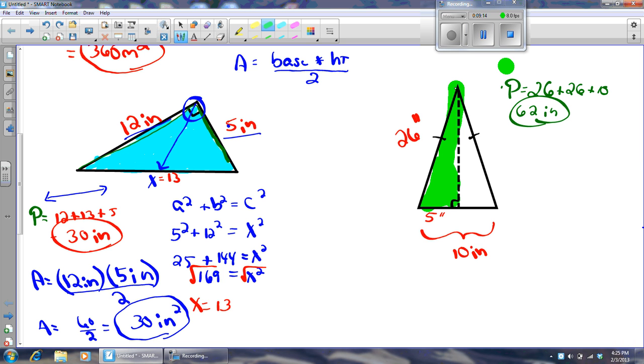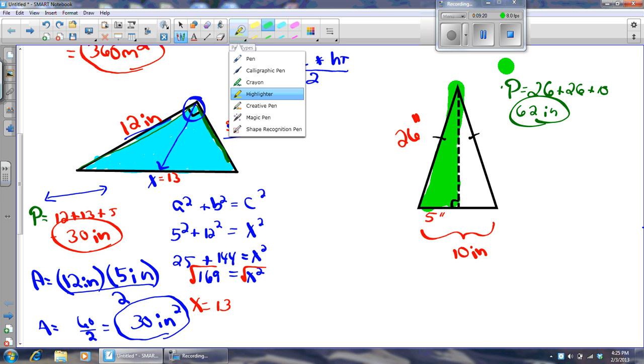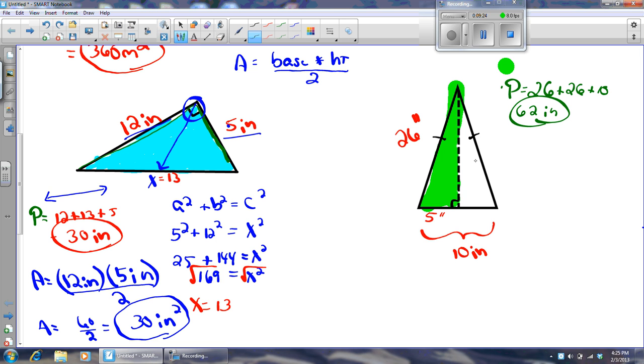So all we need to know is the height of that right triangle. And once we do that, we can go ahead and use the Pythagorean theorem to find the height. And so if I find my right angle, I'll draw an arrow to the other side, indicating that this side is c. So when I do a squared plus b squared equals c squared, I'm going to put 26 squared in.